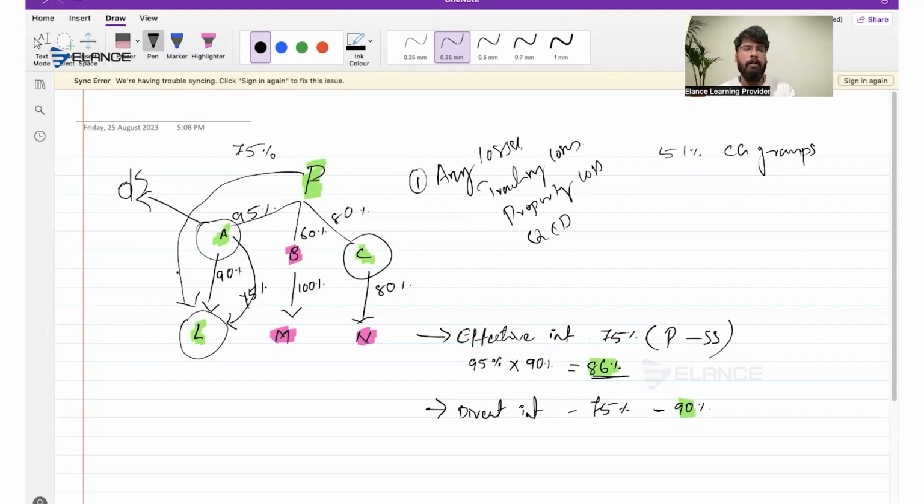So we cannot transfer or receive the loss from that particular company. Even though that company is a member of the group, they cannot transfer or receive losses from the group.